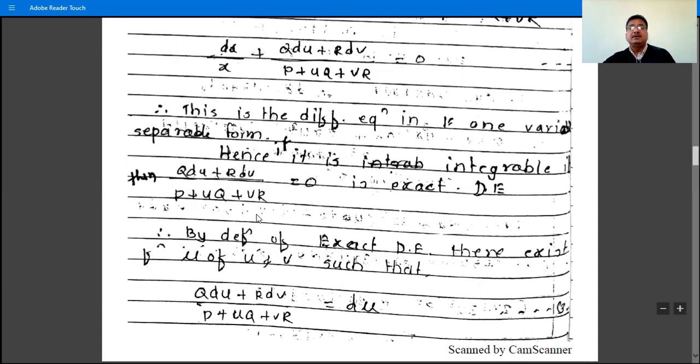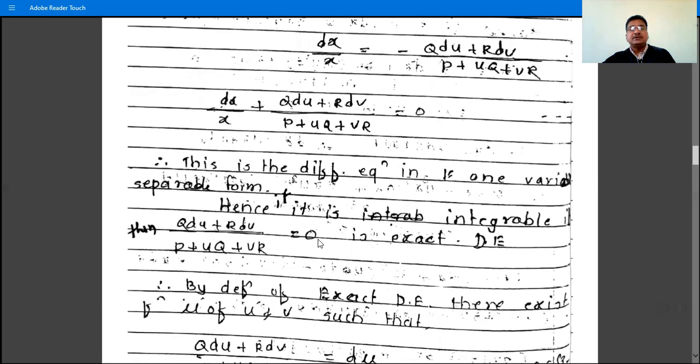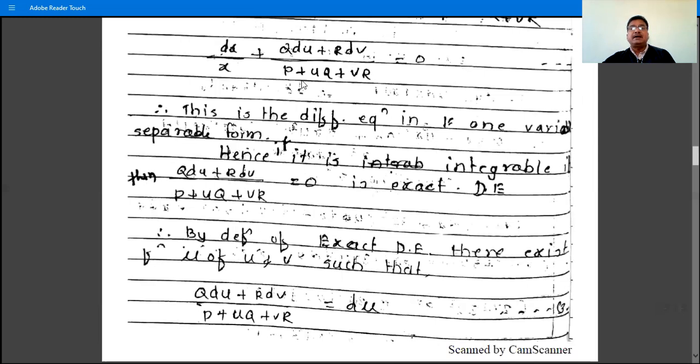We know that if the Pfaffian differential equation is one variable separable, and if you separate that variable, then the remaining part is an exact differential equation. So suppose the given Pfaffian differential equation is integrable, then this part is an exact differential equation. And if the given differential equation is exact, then there exists a function, suppose mu.